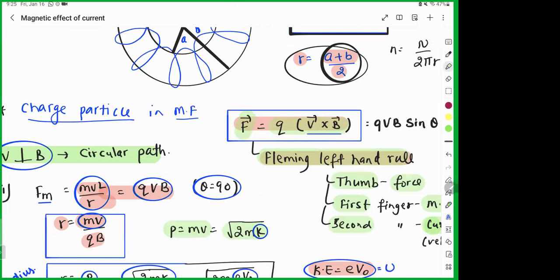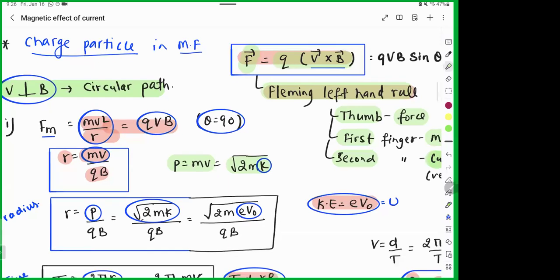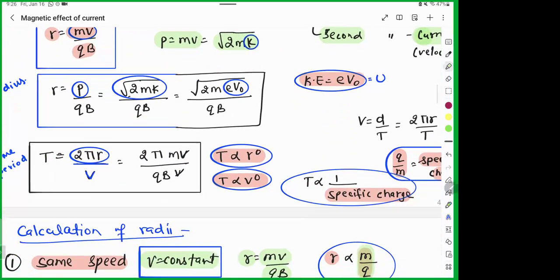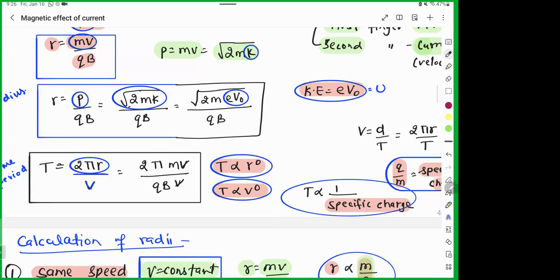Force is equal to QVB, and in this situation the charge will move in a circular path, so force will also be equal to mv square by r because of the circular path. Because we got a question, I will add notes in this. Your r is equal to p by qB and p is equal to h by lambda.